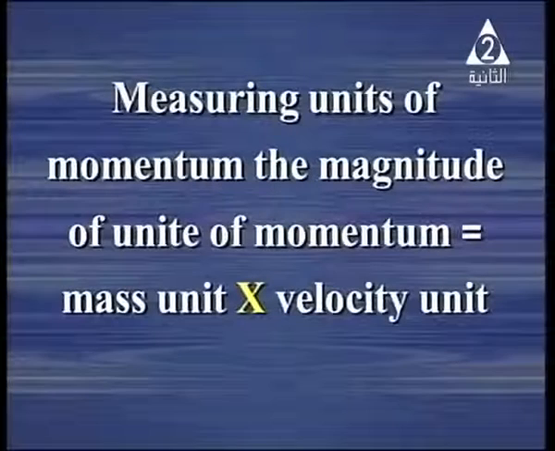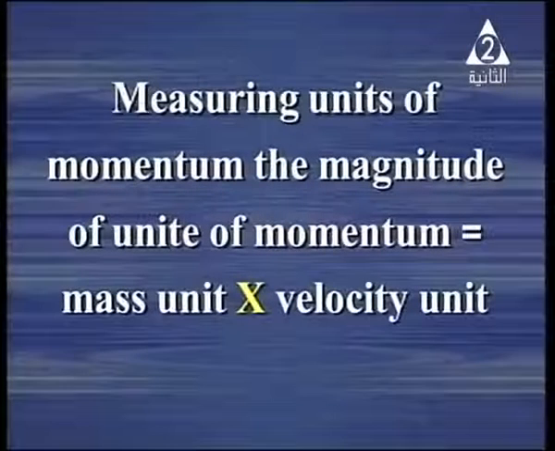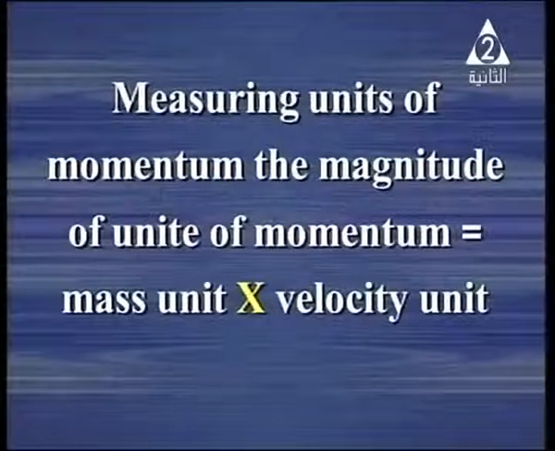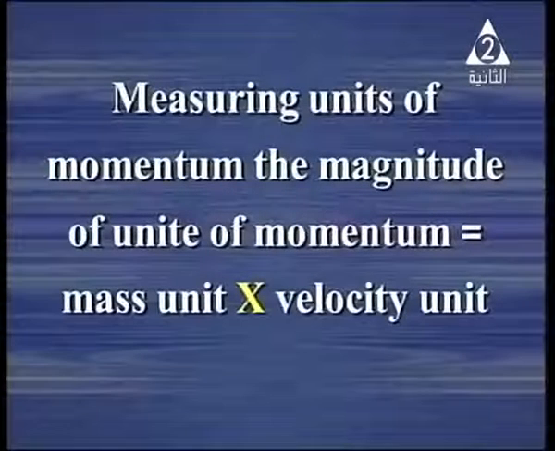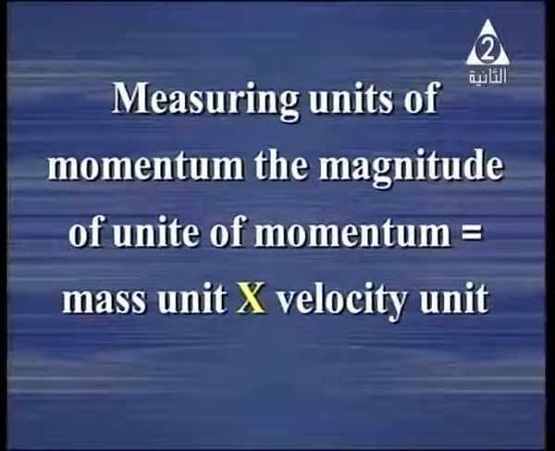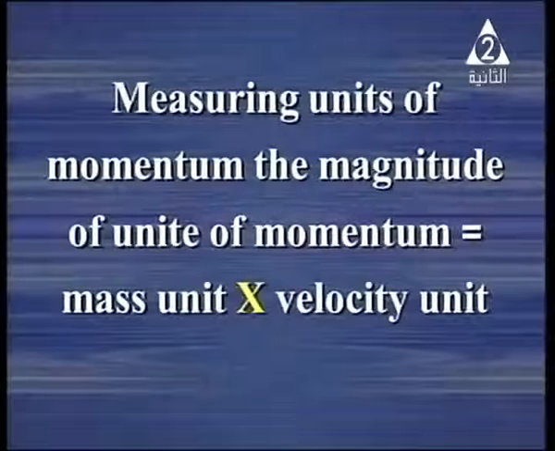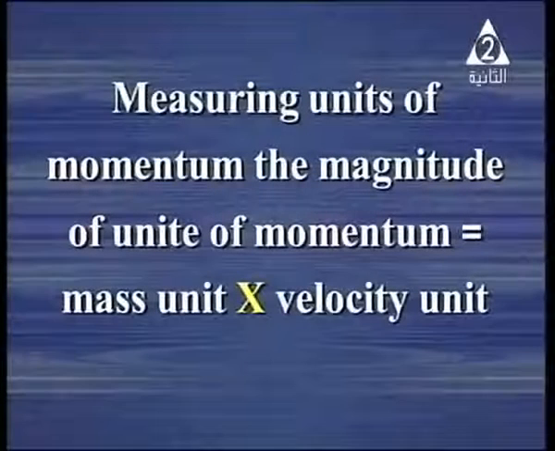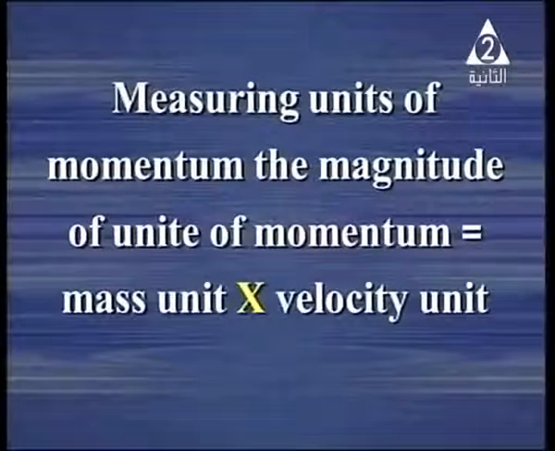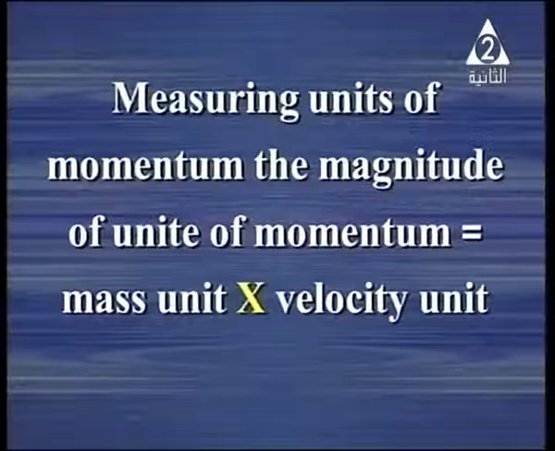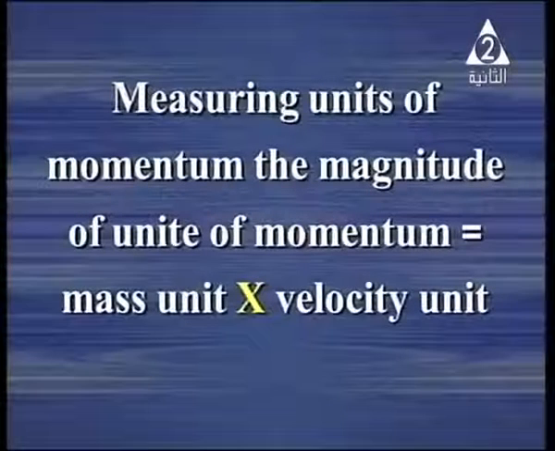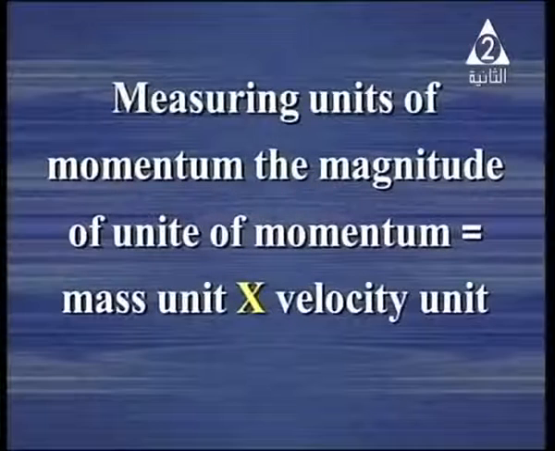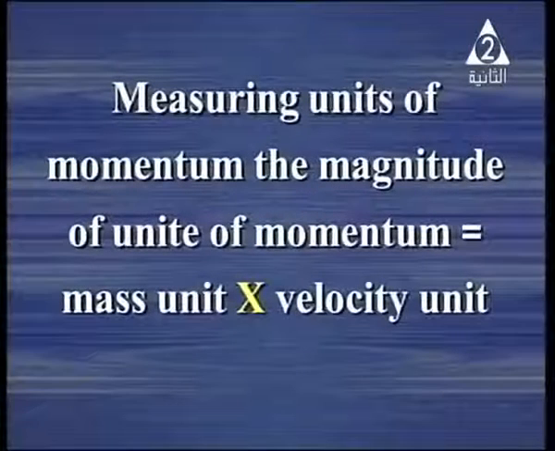Measuring units of momentum: the unit of momentum equals the mass unit times the velocity unit. Remember, dear student, we measure mass in kilogram or gram, but velocity in centimeter per second, meter per second, or kilometer per hour.